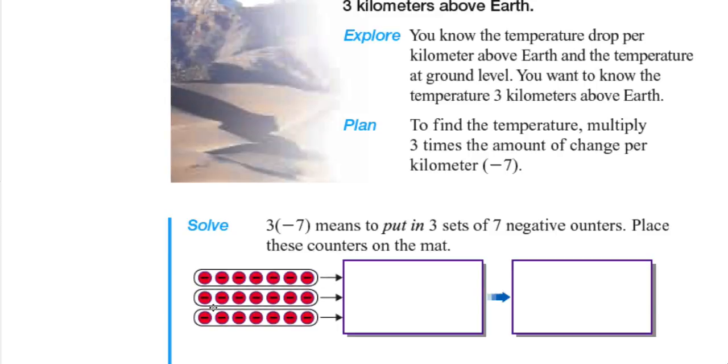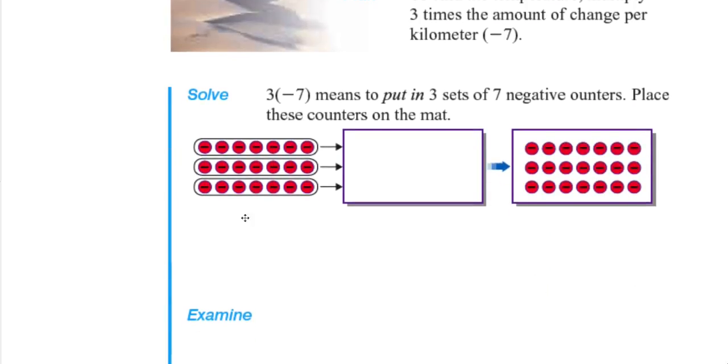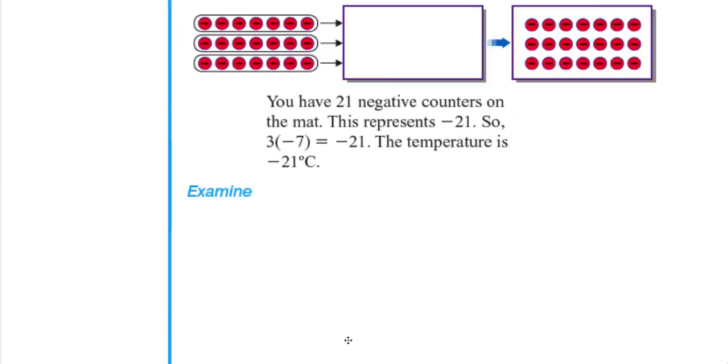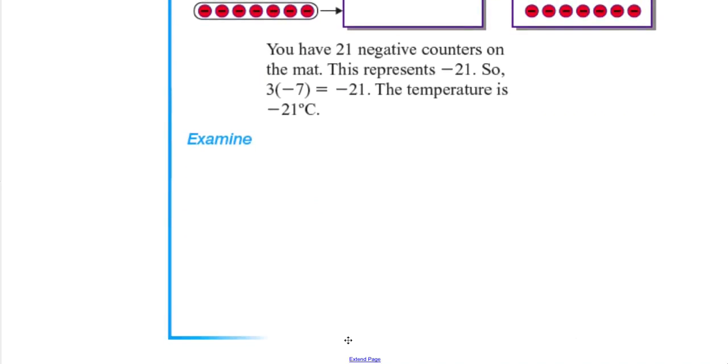After that, we have 21 negative counters on the mat. This represents negative 21. So 3 times negative 7 gives you negative 21. The temperature is negative 21 degrees Celsius.